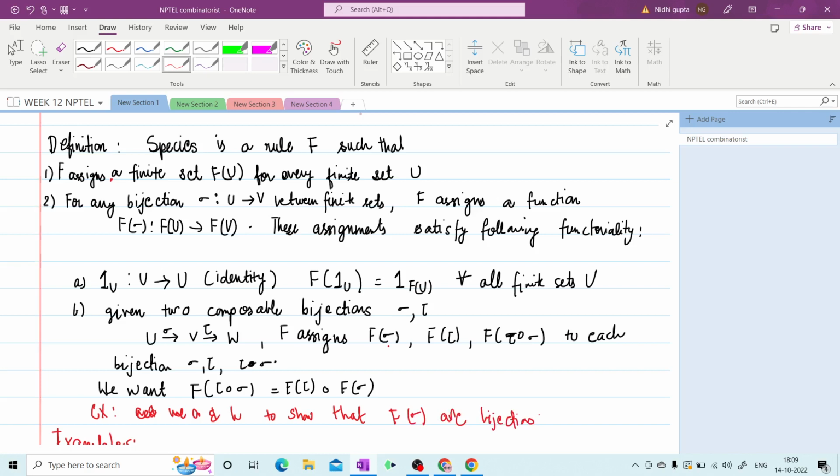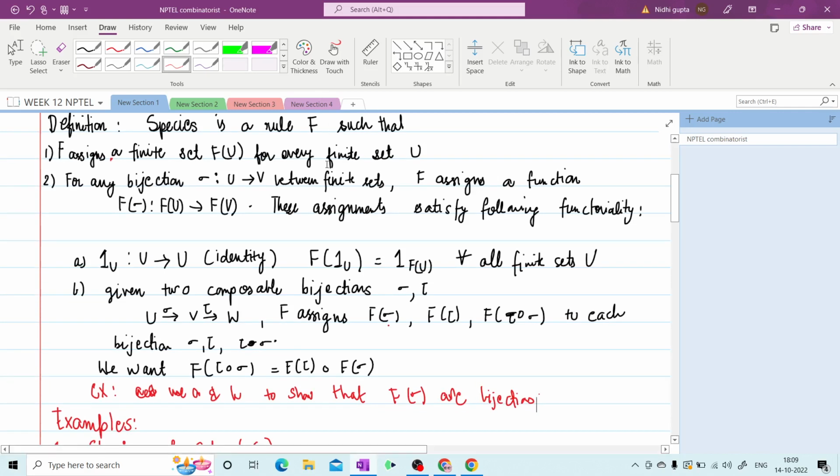So we don't need to assume it. Properties A and B imply it. So what is this exercise saying? This species rule is not assigning some ordinary function. It is assigning a bijection to a bijection.